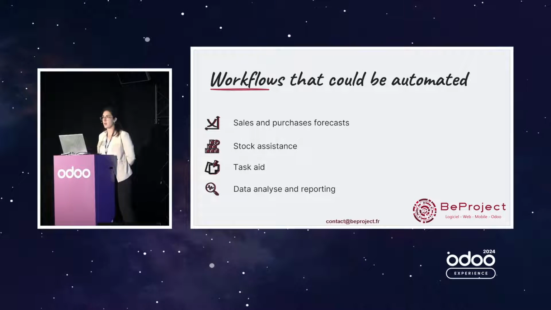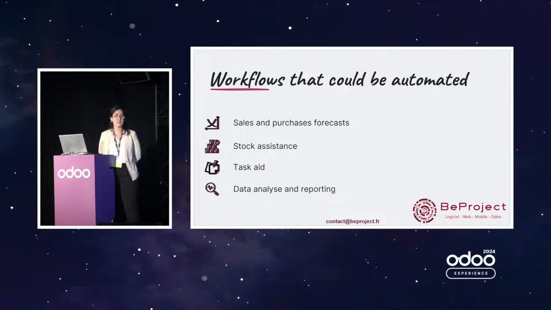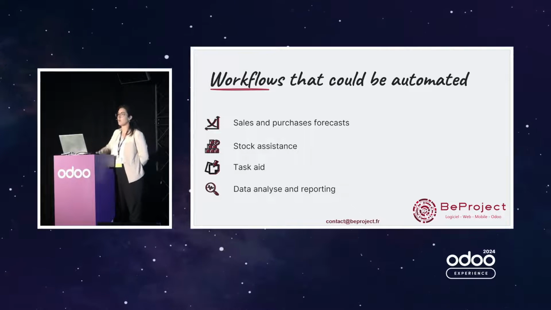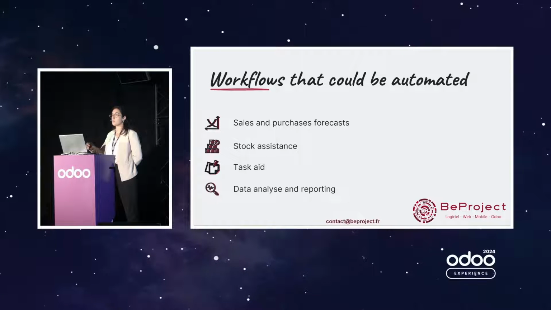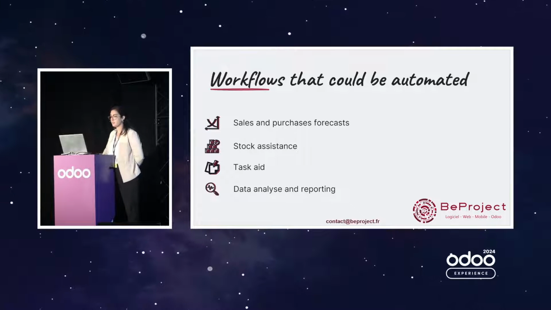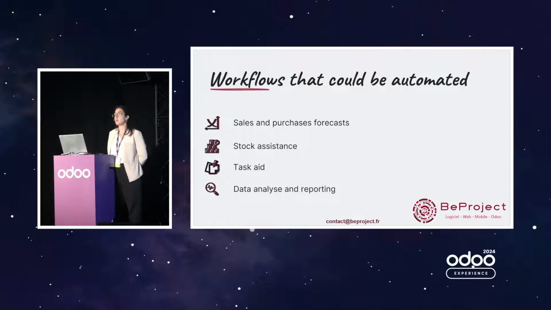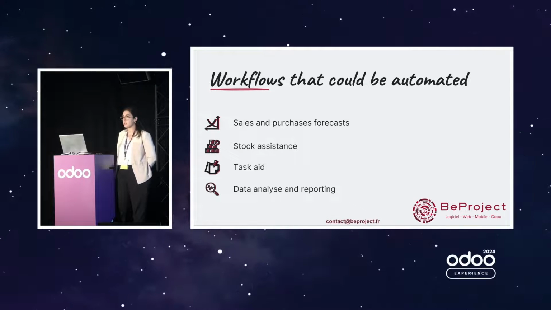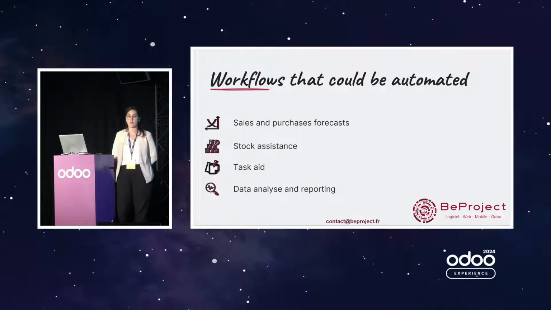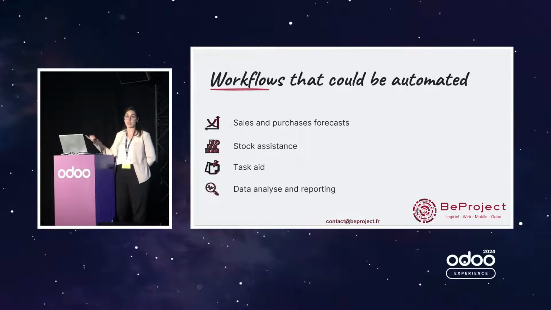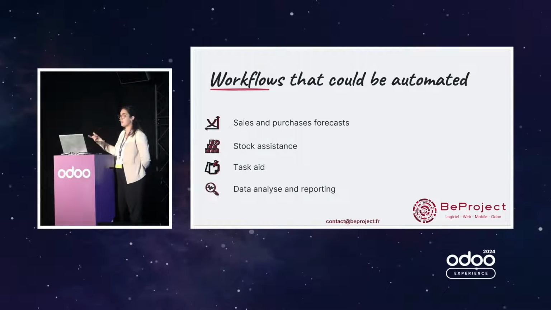You don't know the market very well, and you will use AI to help you develop your brand on this new market. Imagine for sales and purchase forecasts, you could ask AI to predict the production based on the season and on the demand of this new market.